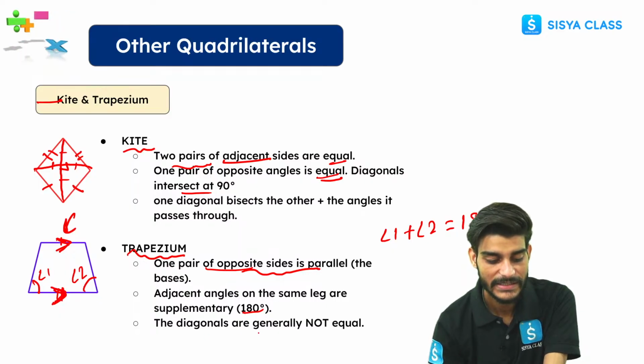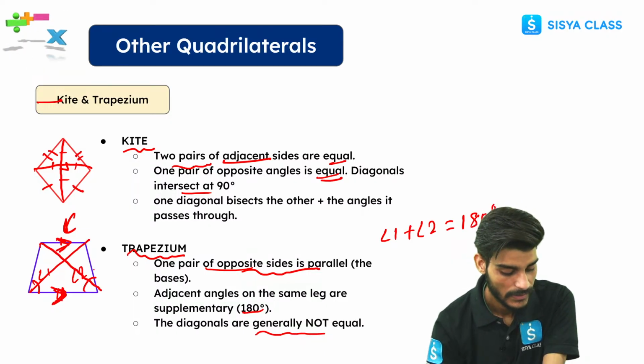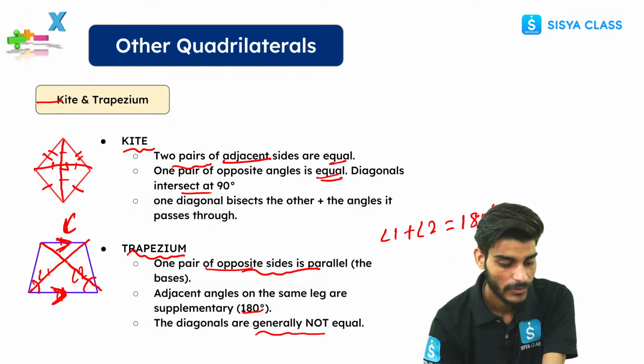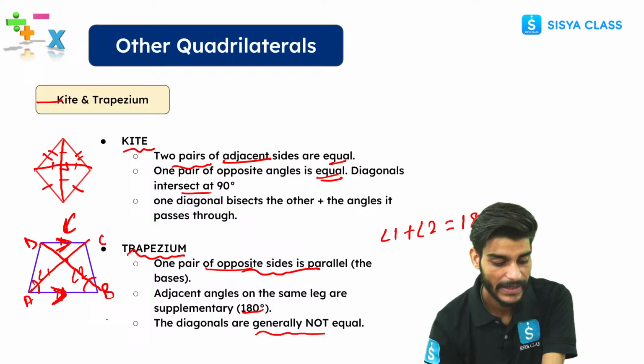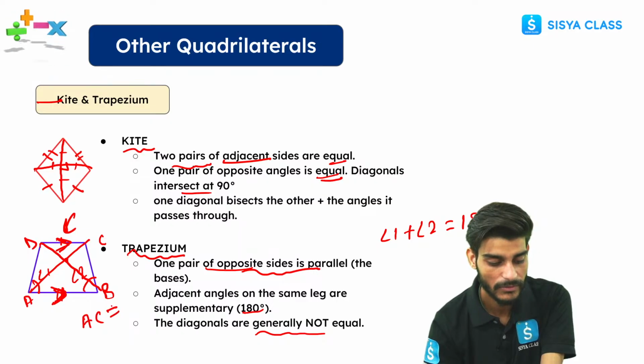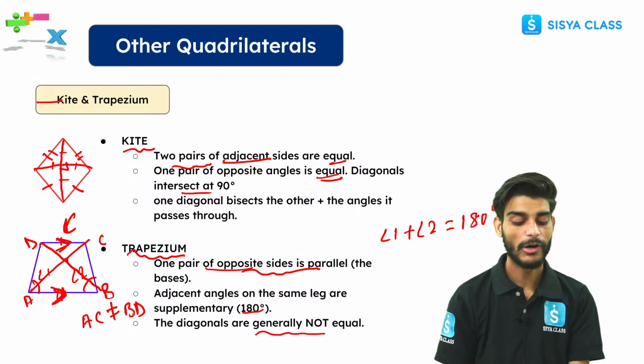And the third one is diagonals are generally not equal. Obviously, if you join the endpoints and name them A, B, C, D, then AC should not be equal to BD. This is what trapezium says.